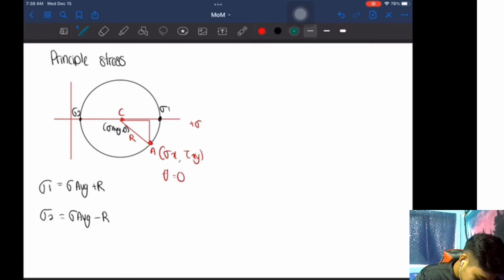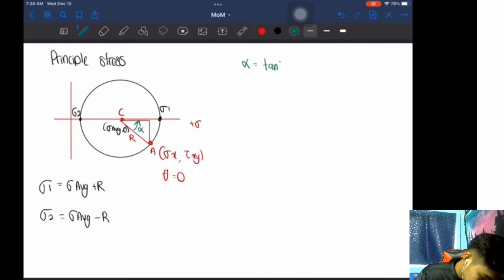Another piece of information that is important for me is the rotation angle I need to get to this principal stress, or to orient my element in principal, and this I call alpha.